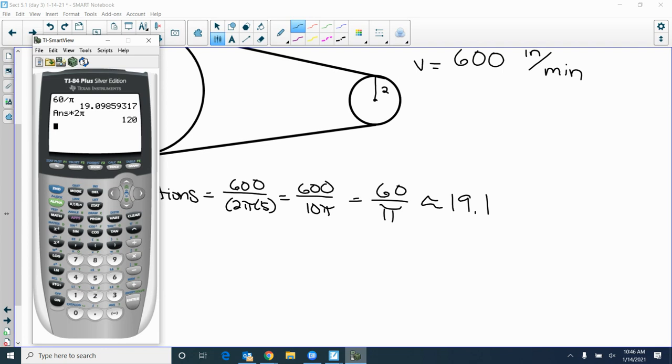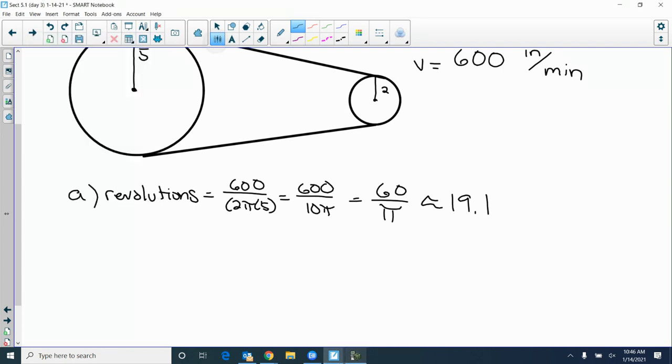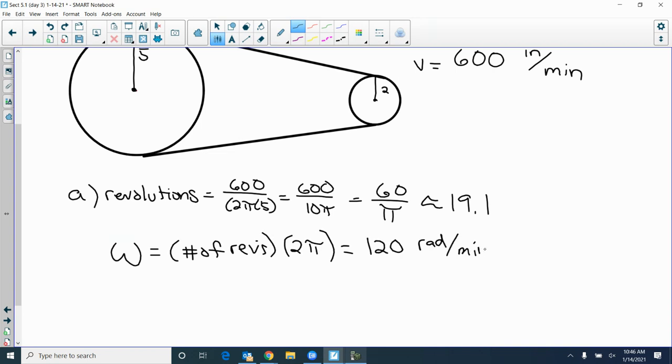That's your answer. So the angular speed is the number of revolutions times 2 pi, which is going to be 120 radians. Are we minute or second? I think we're minute, right? Radians per minute.